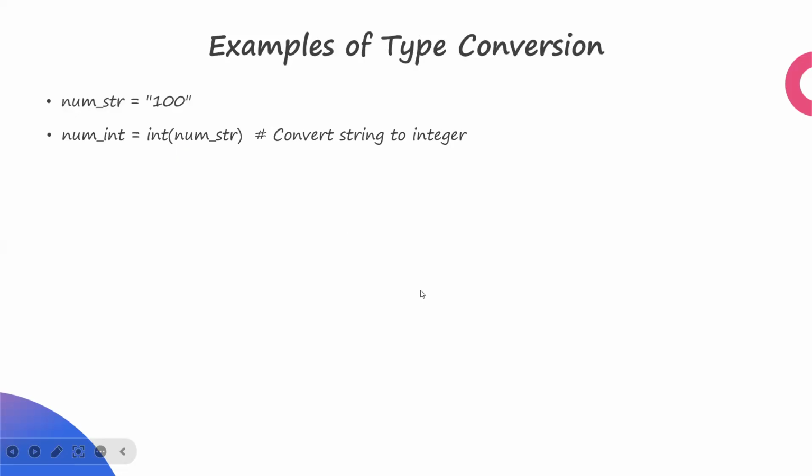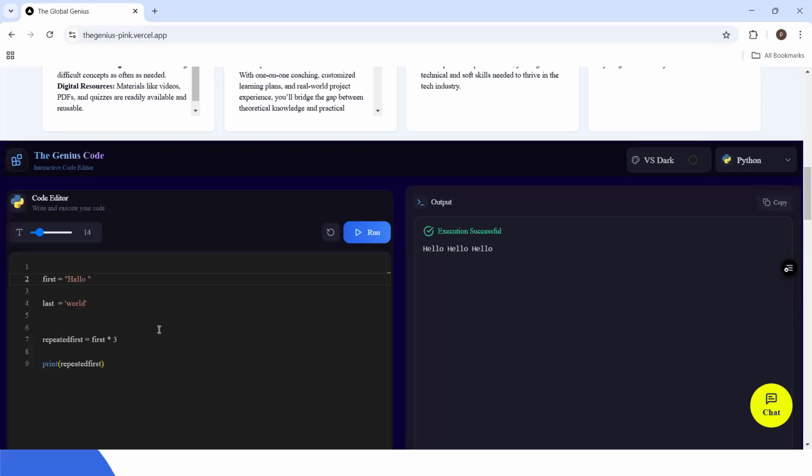Let me show you in code here. If I say num is equal to 100, this 100 is actually a number, but it is enclosed in a string, so the data type is a string. If I want to convert it, I will say int number is equal to int, which is the function, open the parentheses and put in the name of the variable.